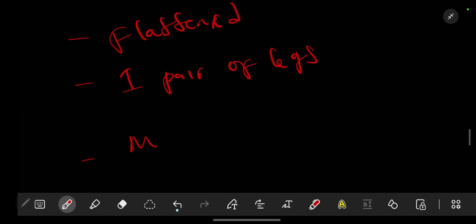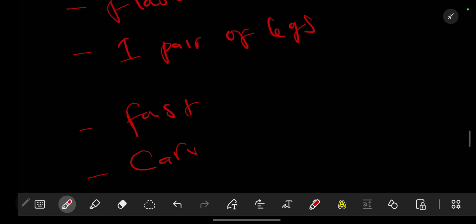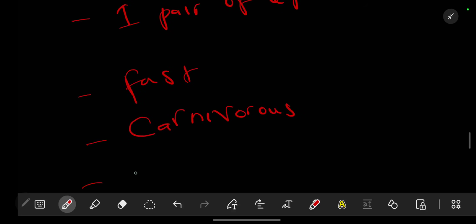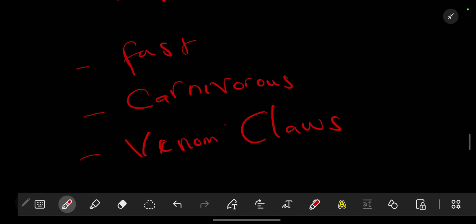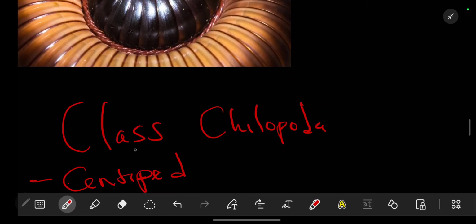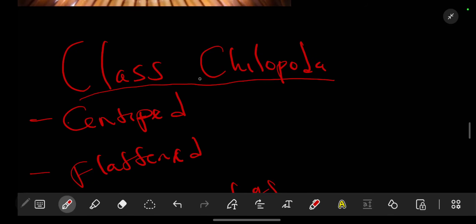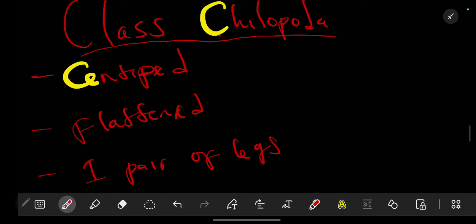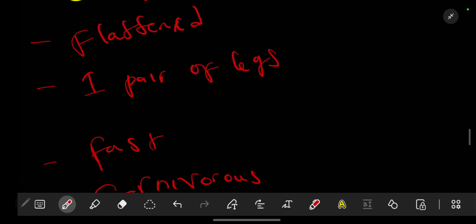They move very fast. They are carnivorous, meaning they eat other animals. They have venomous claws, and these claws can kill other animals. So that is that about the class Chilopoda. Remember, it starts with a C, so think of an organism that starts with a C, which is the centipede. Centipede only has one pair of legs per segment.